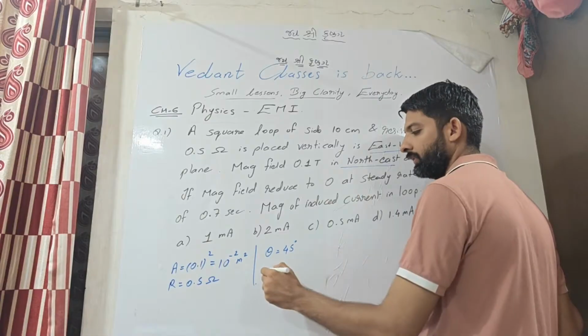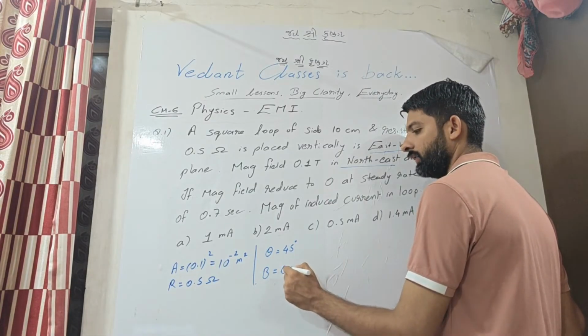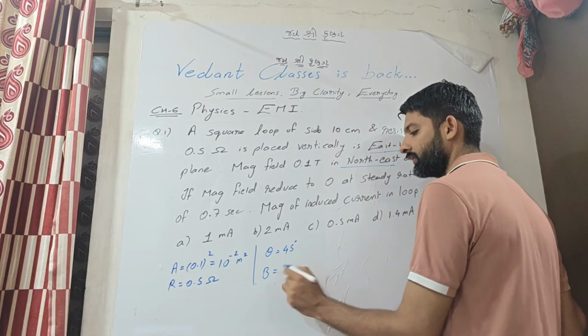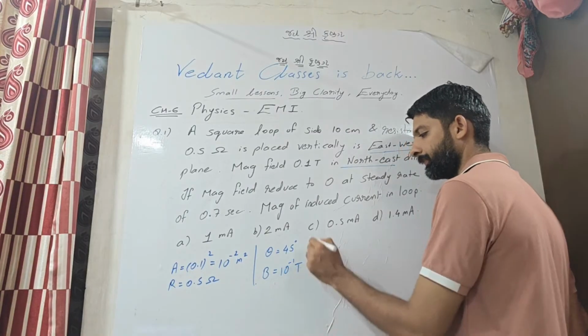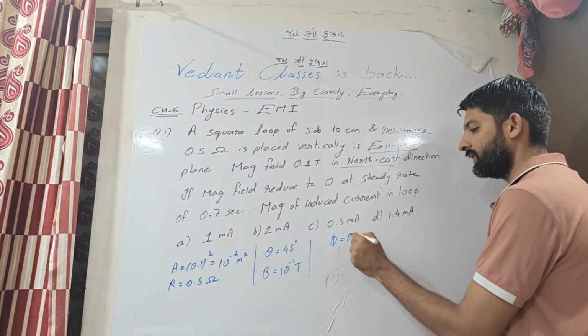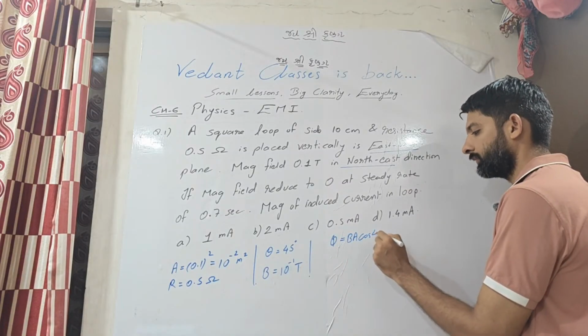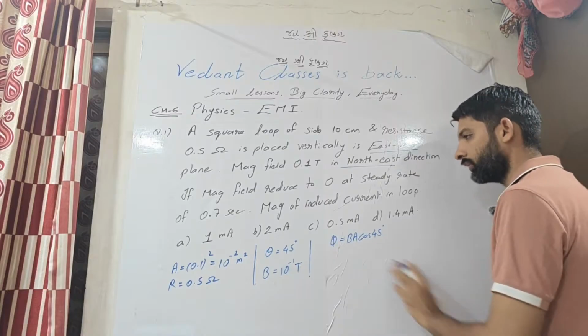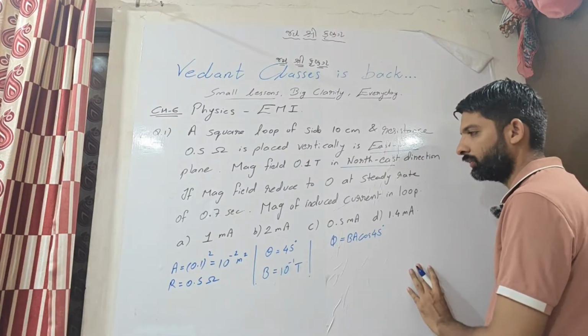Then the value of B is 10 power minus 1 Tesla. Now first of all you can find flux. Flux you will get BA cos 45.